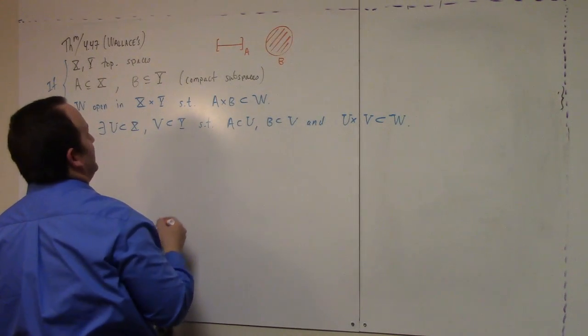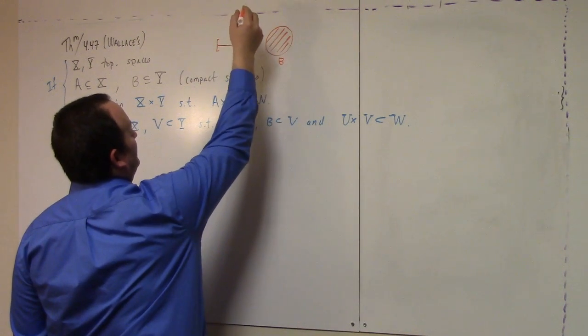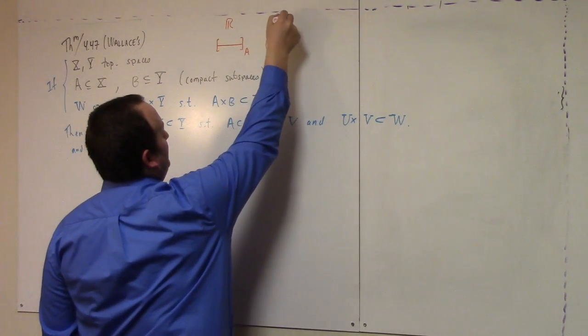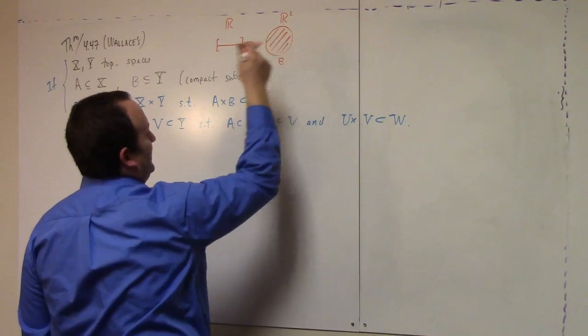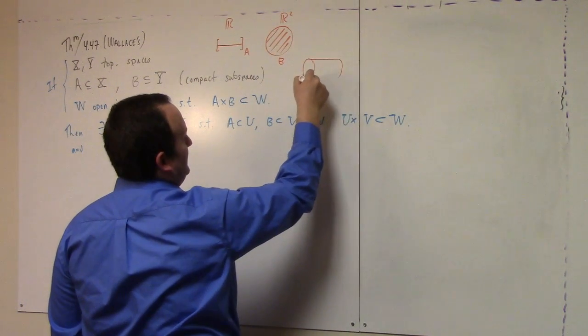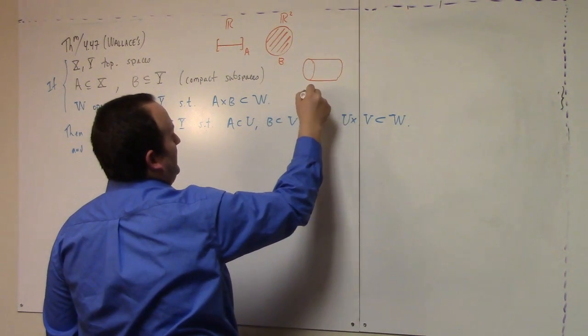And you take the Cartesian product of these. Now this of course is inside R, so the product is inside R². The Cartesian product would be something like a finite cylinder. You could think of it that way. So here would be A cross B.